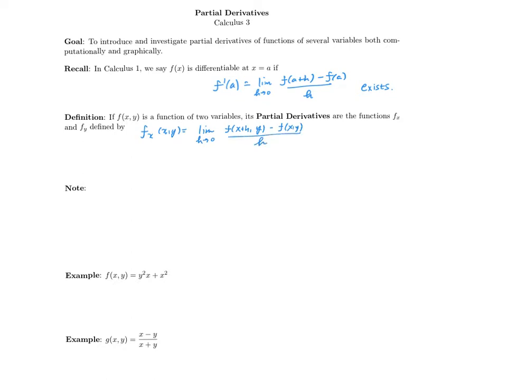And the idea is that what we're really doing is fixing that y value and then seeing what happens as we change in the x direction. This is what we call a partial derivative with respect to x.